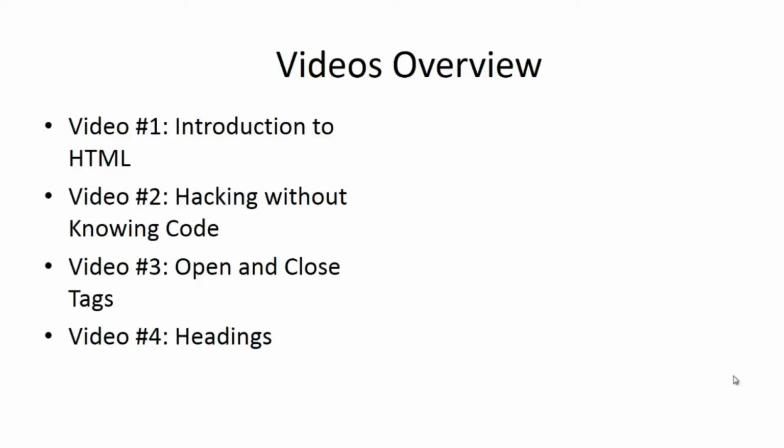So headings is something that you're going to run into on and on and on. So we're going to focus on that in video number 4. Video number 5, we're going to talk about break tags. Break tags allow you to break sentences up so that you have white space in between. This is also good for creating white space between images and everything like that.